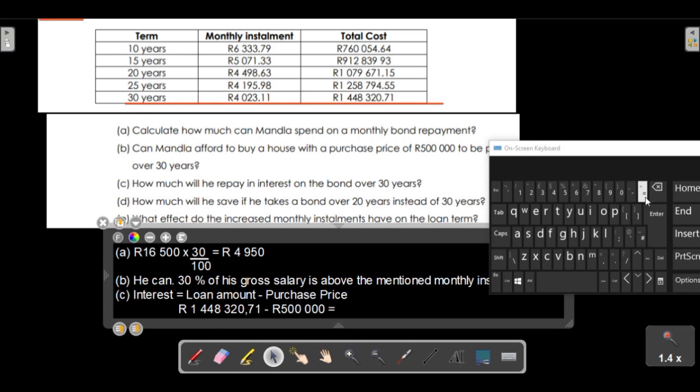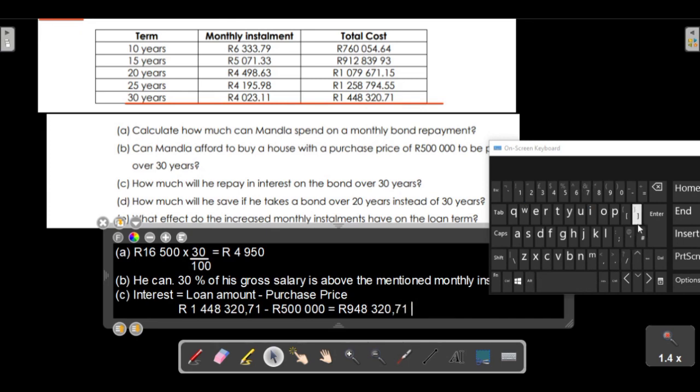1,448,320 rands and 71 cents, subtract 500,000. So that means he paid 948,320.71 extra.